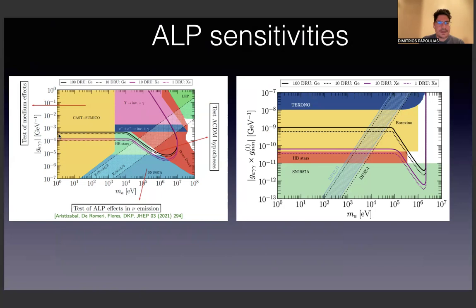You can see that our constraints, for reasonable assumptions of the future detectors and reasonable backgrounds, are able to probe solar experiments like CAST and SUMICO, or observations from HB stars, or astrophysical observations from the ALP effects in neutrino emission using the SN 1987 data, and also to probe the beam dump constraints.